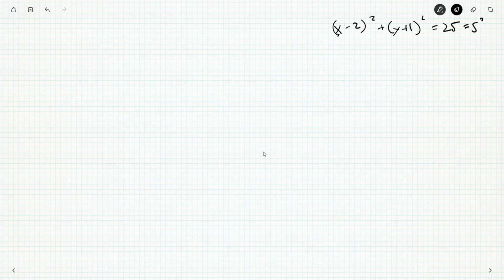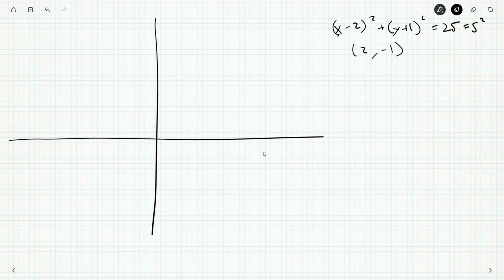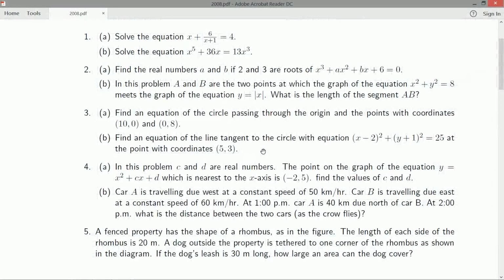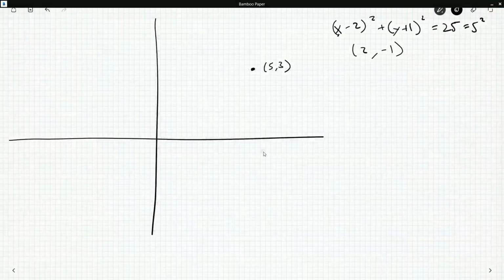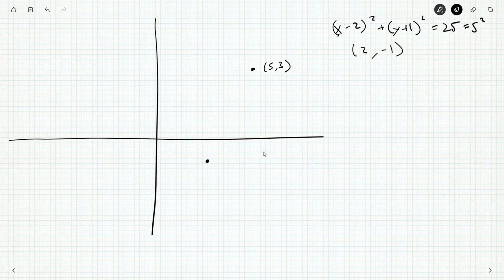Incidentally, this tells me it has a radius of 5 and is centered at (2, negative 1). They want (5, 3) here. Okay, (2, negative 1) is down about here.